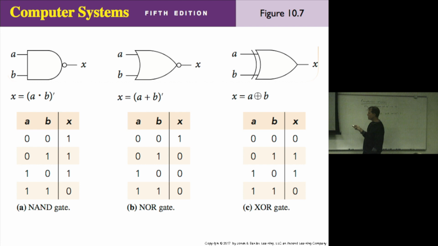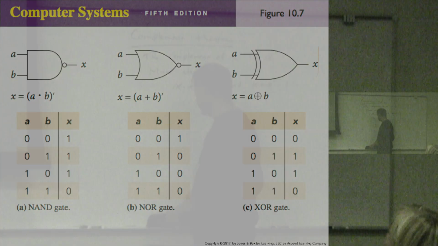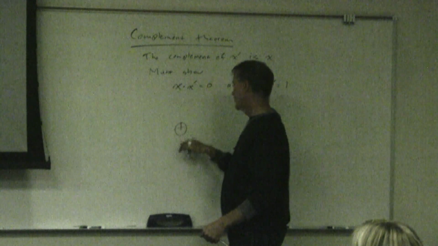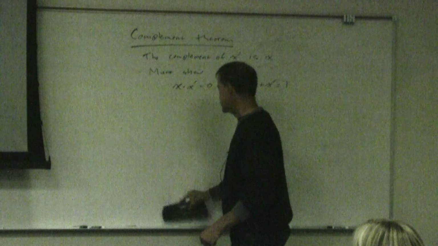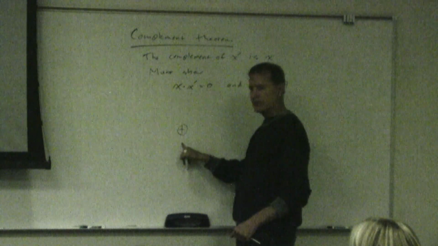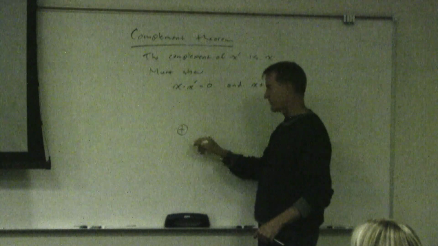Actually, in formal methods, what is this function? What is the exclusive OR function? How do we do that in formal methods? This operator in digital circuit design is the same as what in formal methods?